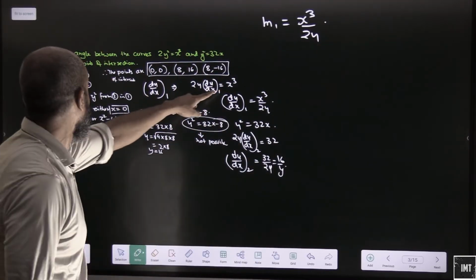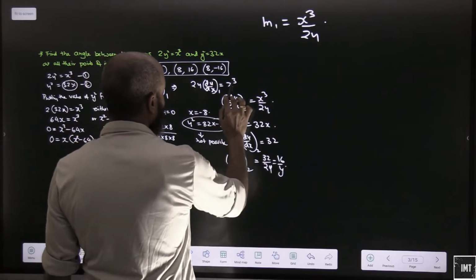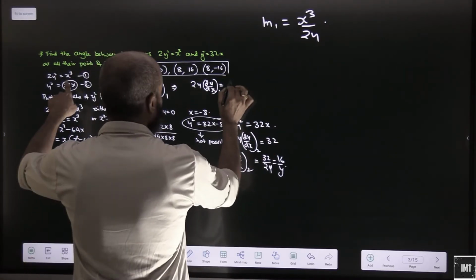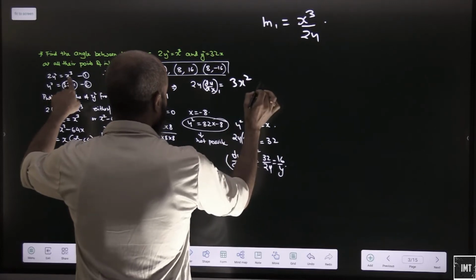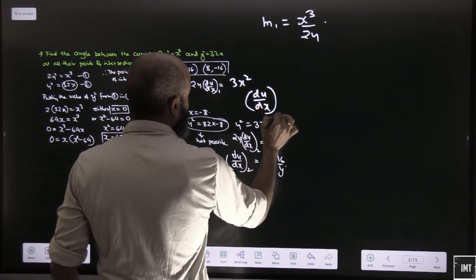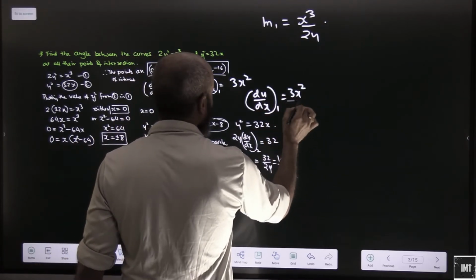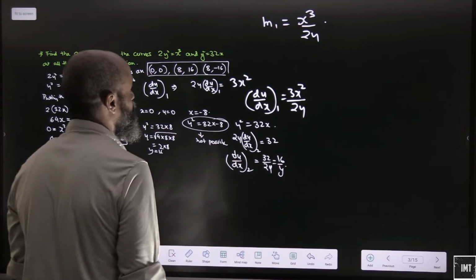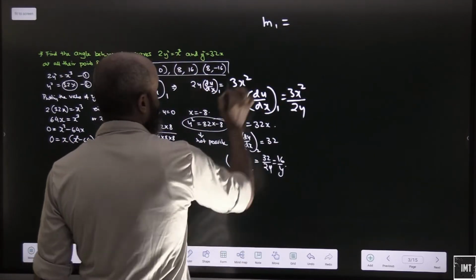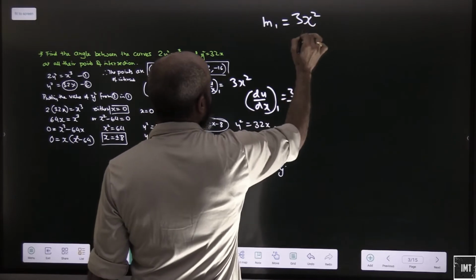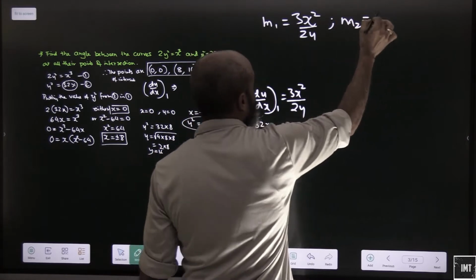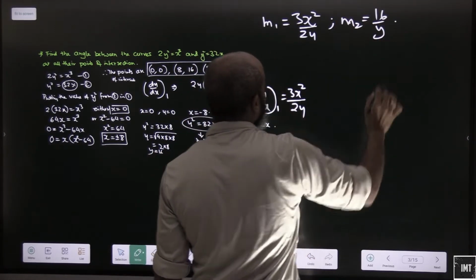No, this will not be x cube. Okay, 2y dy by dx will be equal to 3x square. So dy by dx at 1 will be equal to 3x square by 2y. So for m1 we have 3x square by 2y, and for the second one m2 is equal to 16 by y.